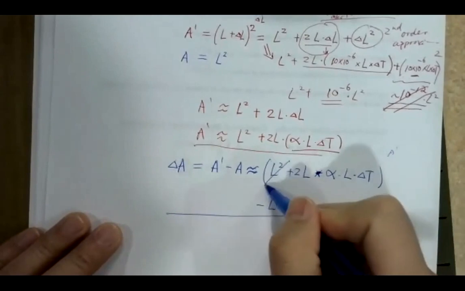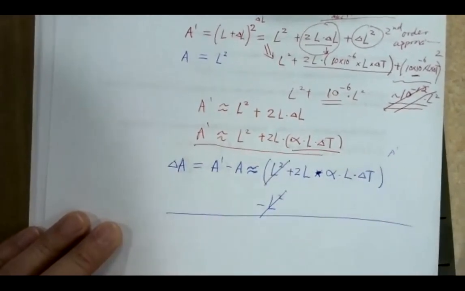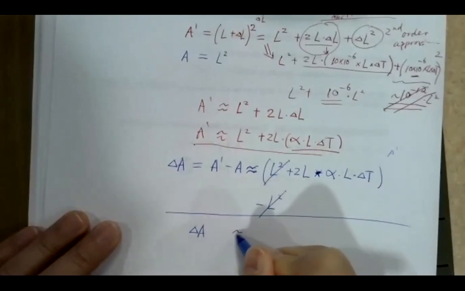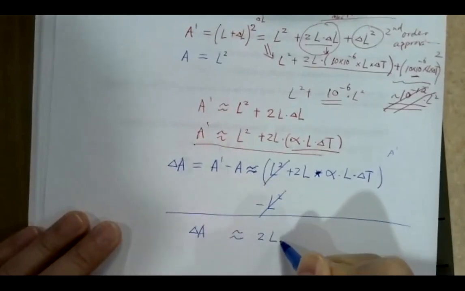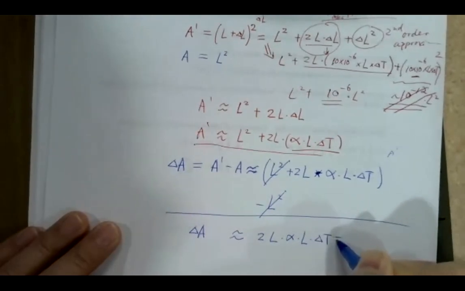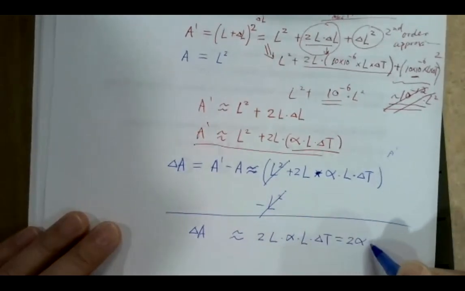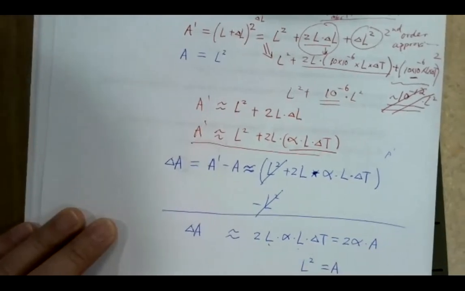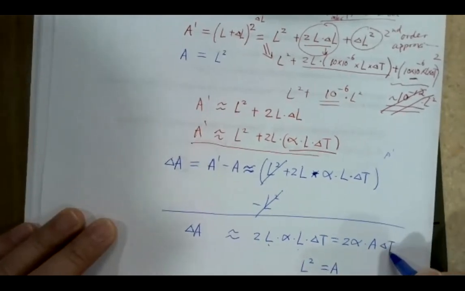Then you can see L squared cancels out. So your change in area is approximately equal to 2 times L times alpha times L times delta T, which is equal to twice alpha times A, because L times L gives you L squared, which is A, the original area, times delta T.